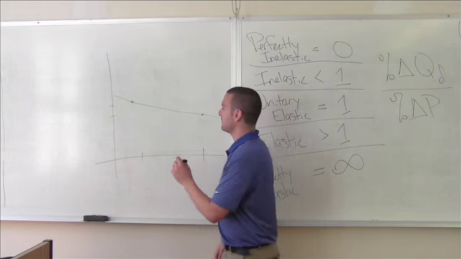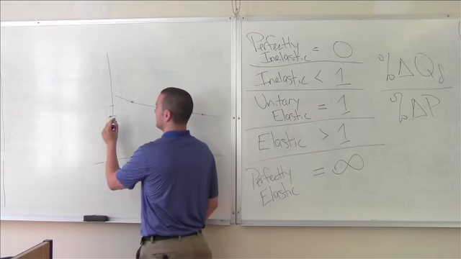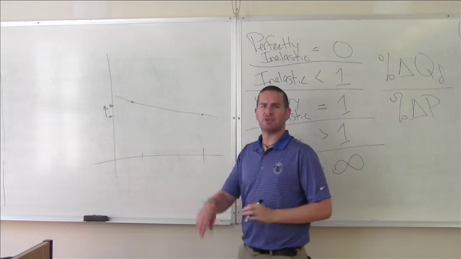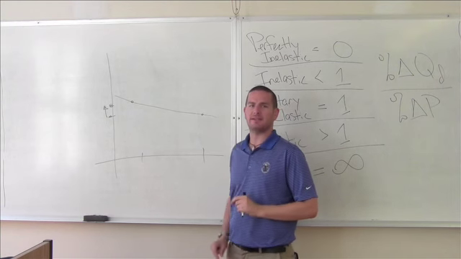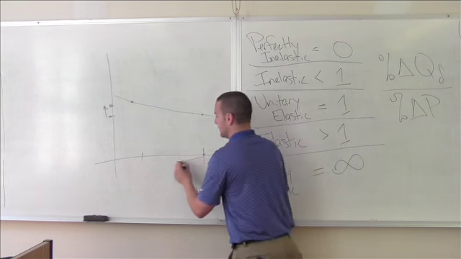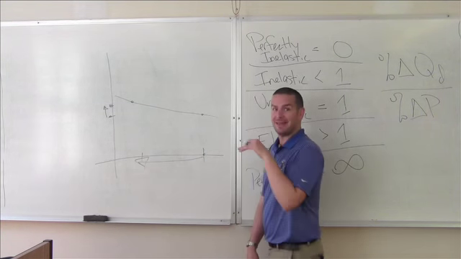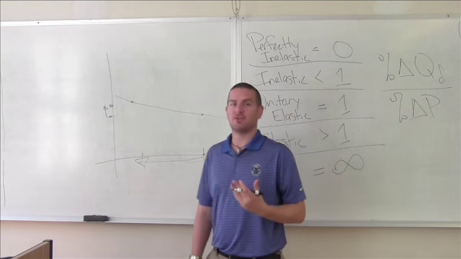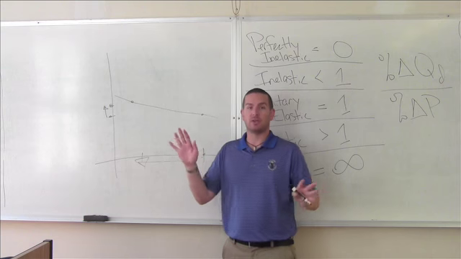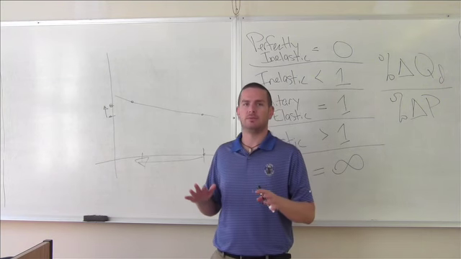But if the price was to go from here to here, a small increase of price, the quantity goes from here all the way to there. So if restaurant meals went from $10 to $12, suddenly no one goes out to a meal anymore.